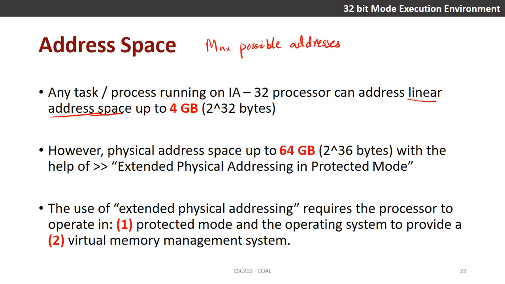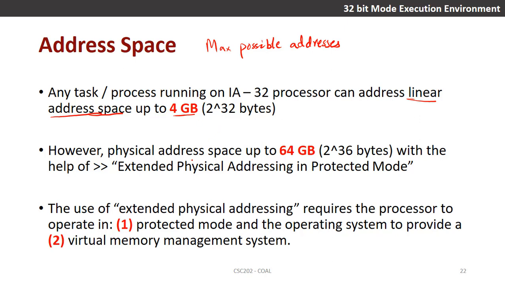It will consider the complete RAM, random access memory, which is attached to the motherboard, as a linear array of bytes. The maximum RAM or memory that a 32-bit processor can access is 4 gigabytes, 2 to the power 32.